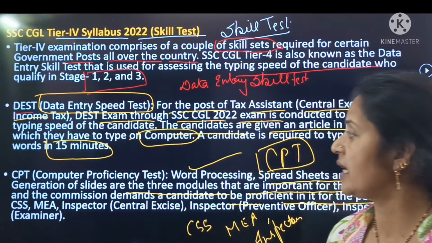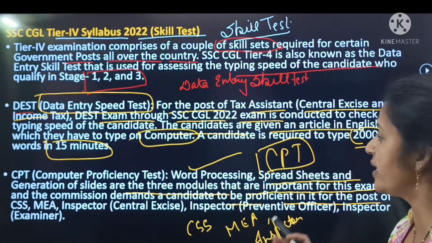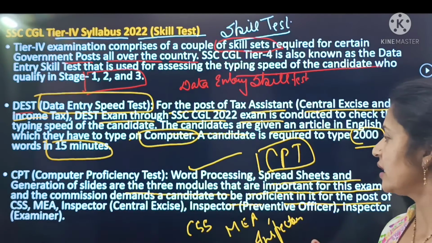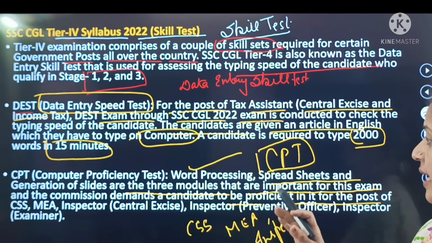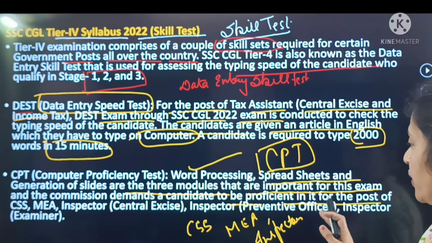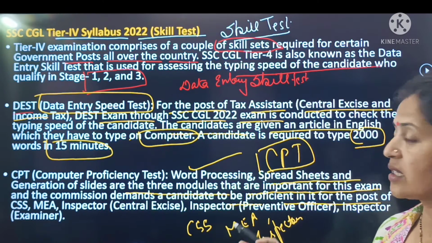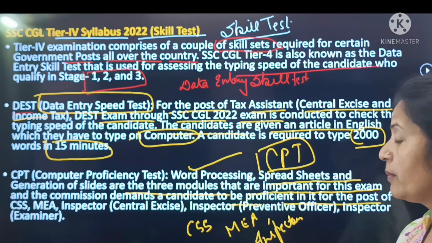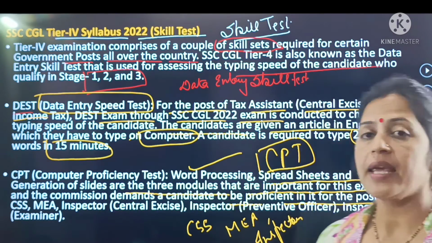So this is the CPT, computer proficiency test, with word processing, spreadsheets and generation of slides as the three important modules for this exam.